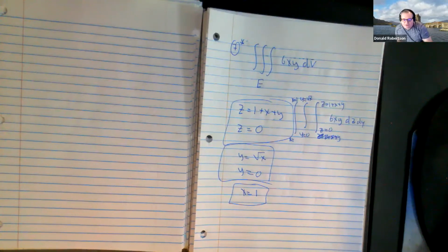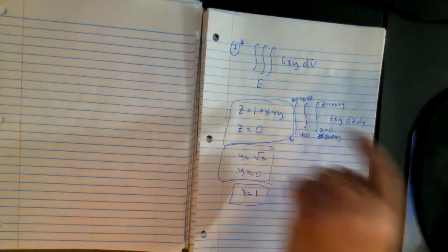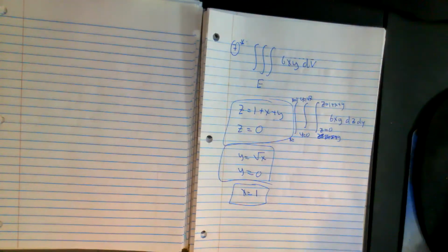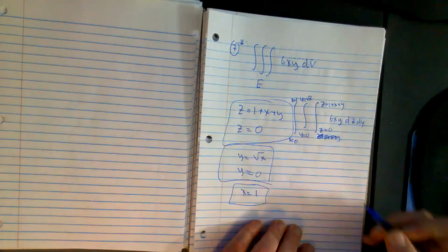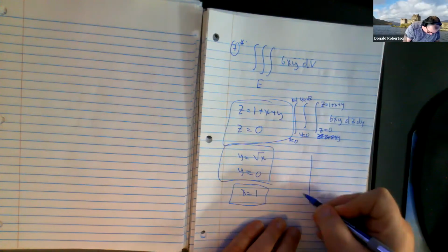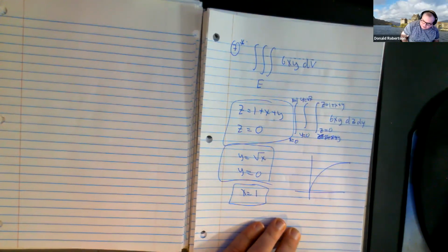Does anyone else know what the starting value of x is based on all this stuff going on here? I would assume that it's 0, because it's in the first block. Now, if you take this curve, y equals the square root of x, it looks like that, right?